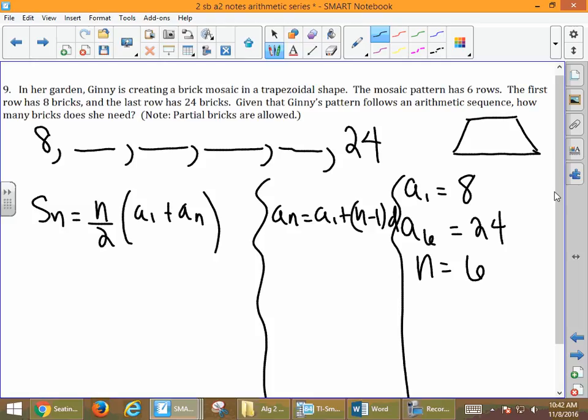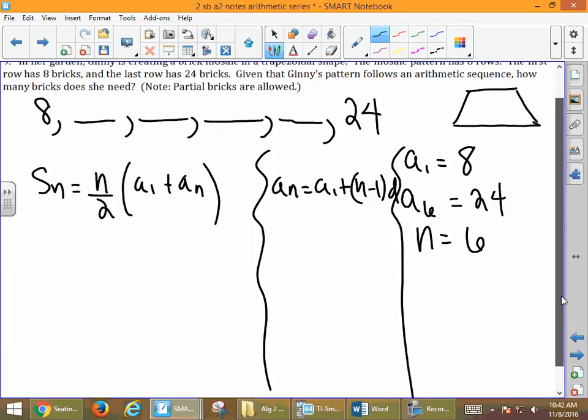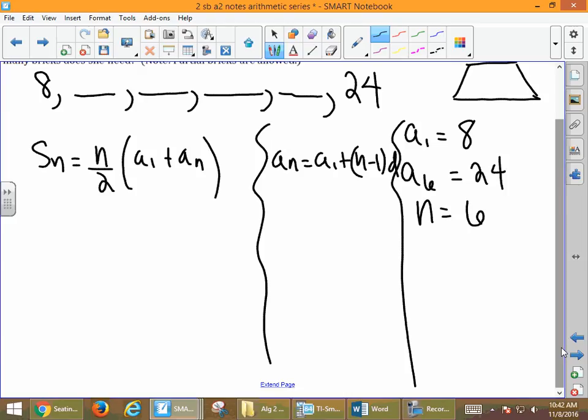Do we need to use this second equation? We don't need to. Now, if you look at my notes, I openly will admit I did this and then I did that. But we don't really need to. We get 6 divided by 2, and then our first term is 8, and our last term is 24.